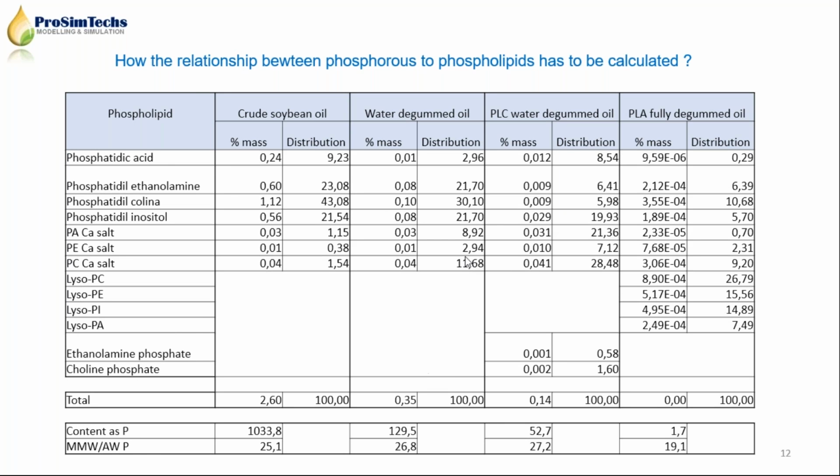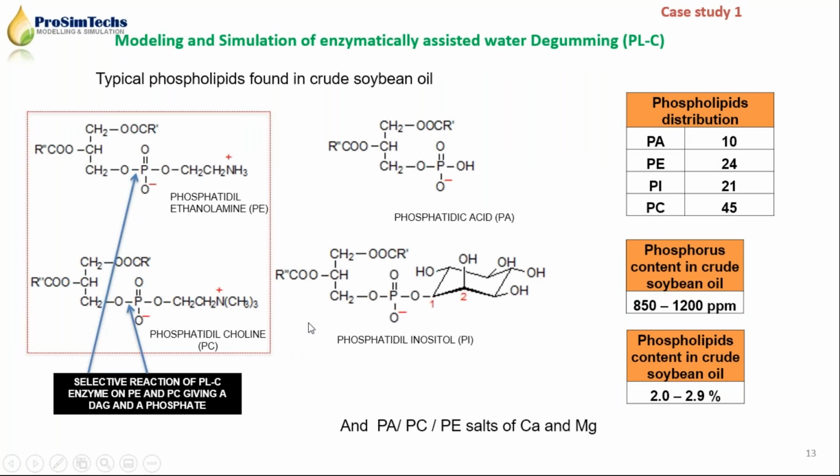Well, let us go to the process itself and the PLC action. As we know, regarding the PLC action, the action of the enzyme PLC is that of cleaving the ester phosphate bond here, and here, and it also has a given specificity of cleavage towards PE and PC.